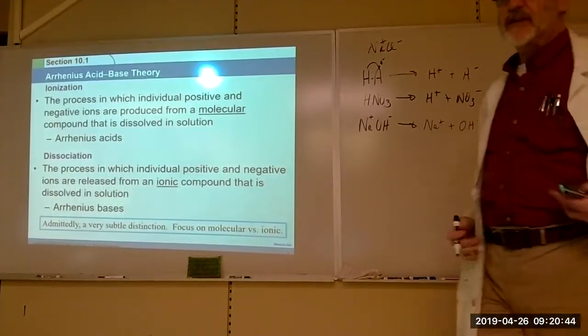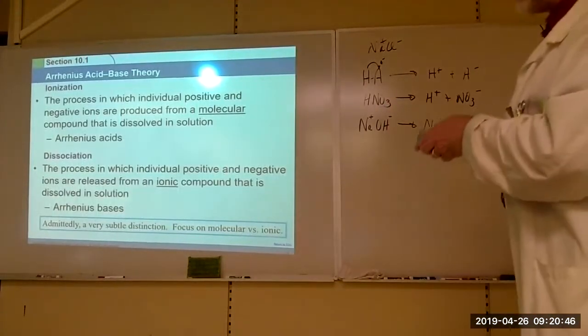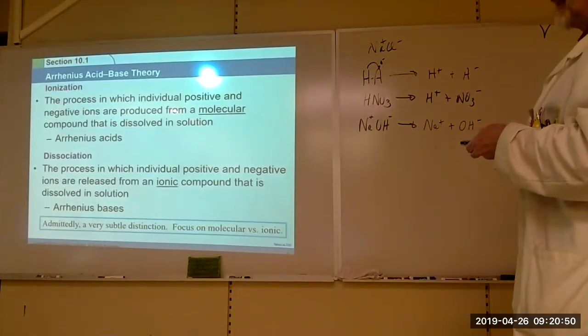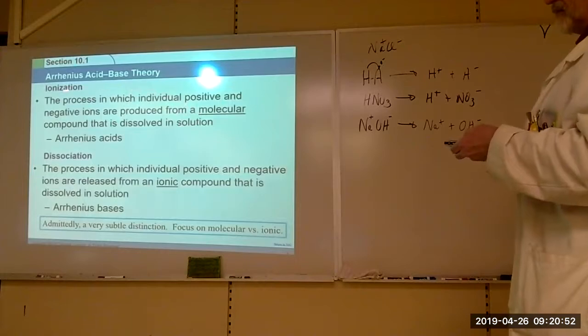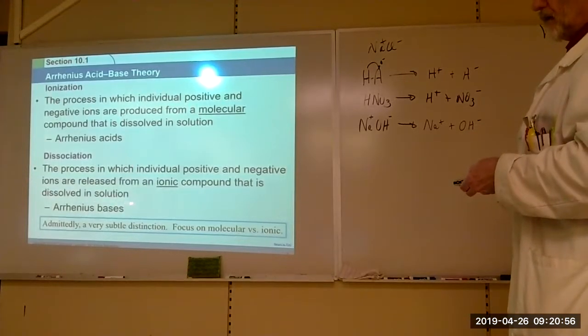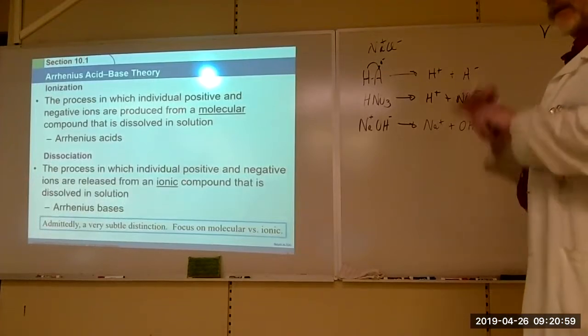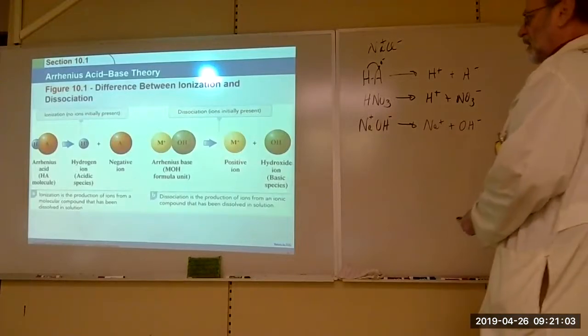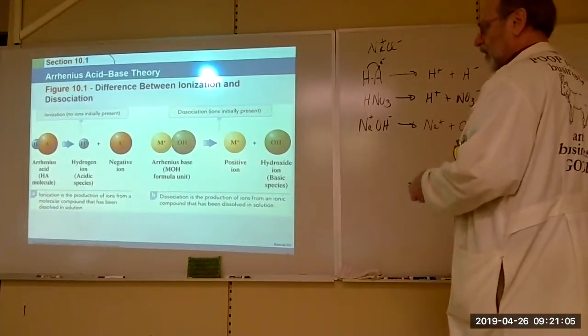I know it's a subtle distinction, but focus on the acids are molecular compounds that ionize, and bases are ionic compounds that simply split, dissociate. And this came straight out of your book.